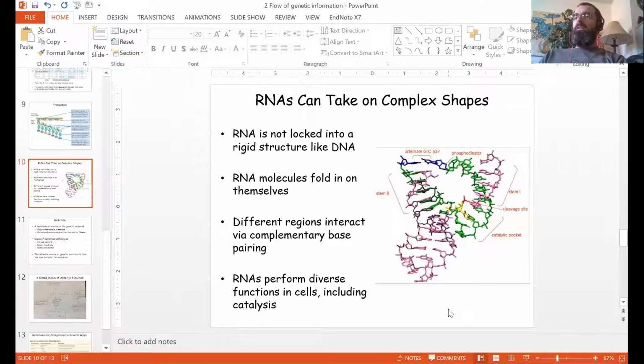A little bit of an intro into RNAs. RNAs are funky, right? If we're anthropomorphizing, DNA would be the staid, resolute individual that never changes and isn't very interesting.